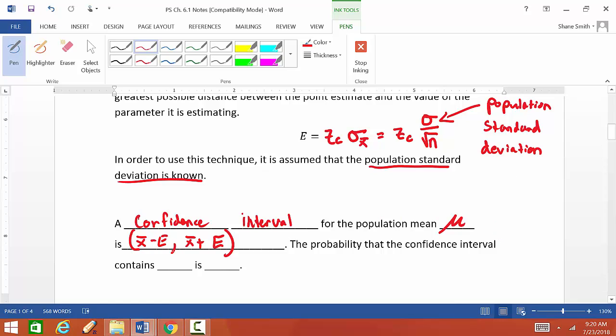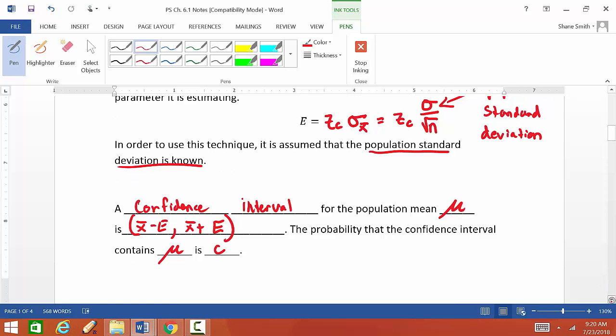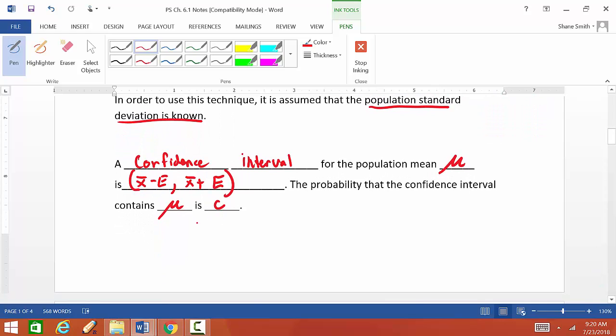And the probability that the confidence interval contains mu is C. So C is a probability before you create the confidence interval that mu is in this interval. Okay, so you can actually control how wide or how close together the interval is depending on your level of confidence.